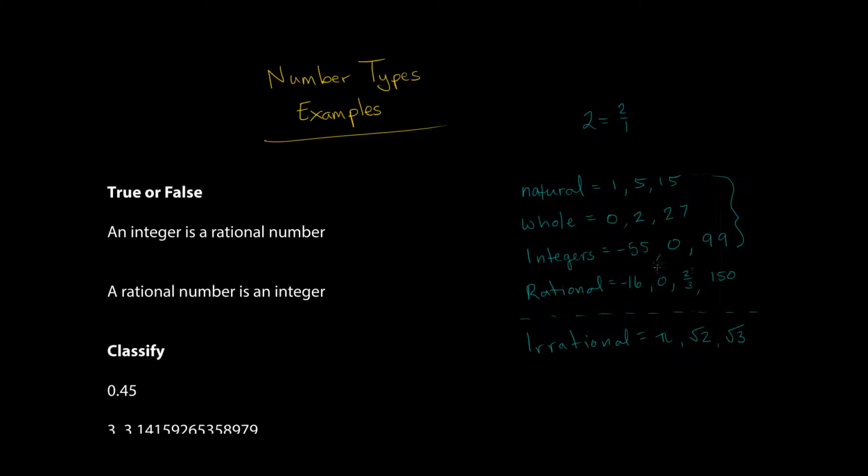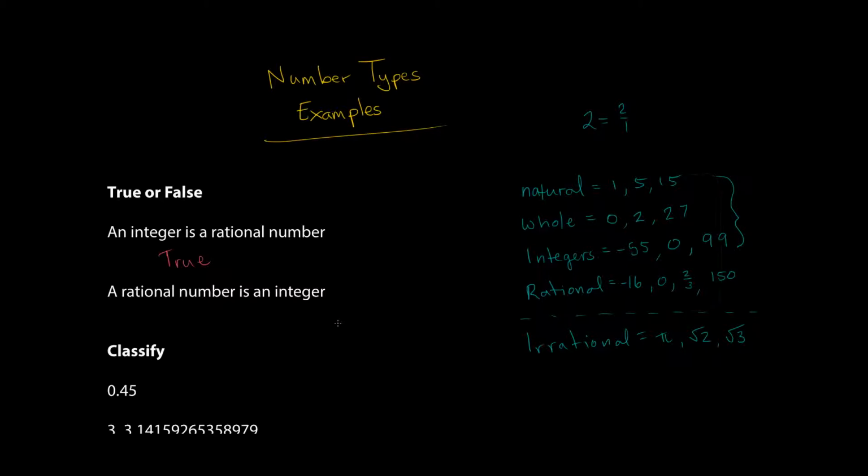So we just have to see, does every rational number have to be a decimal? Well, no, it doesn't. And if we just take the group of rational numbers that aren't decimals, we have the integers. So this is true. Integers can be rational numbers. Or not can, they are rational numbers.